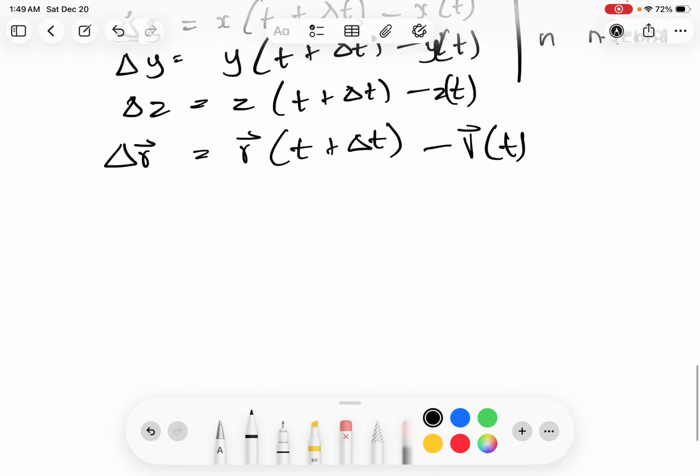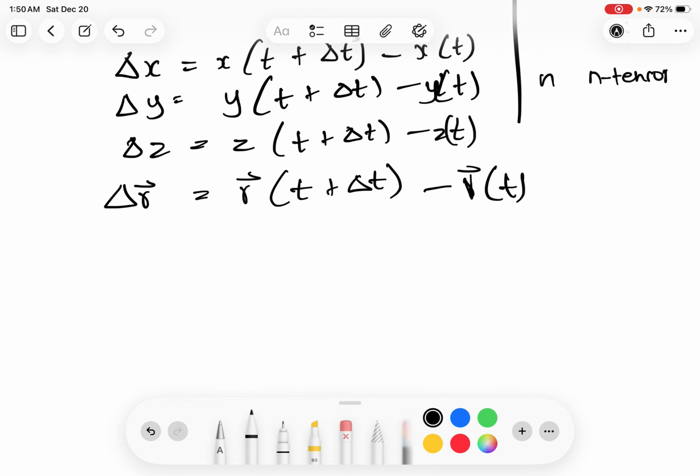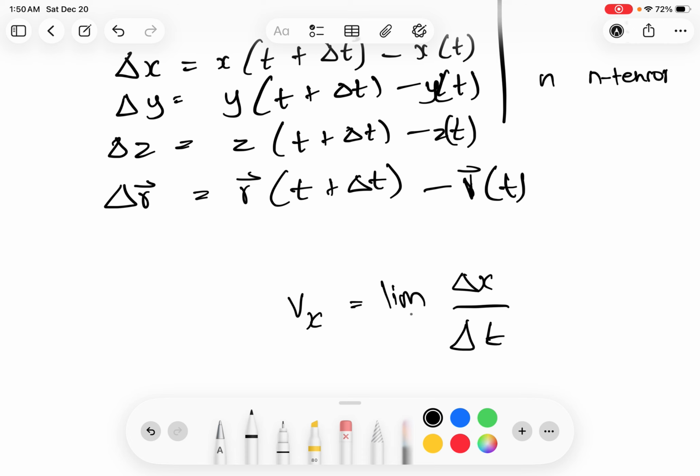Now velocity, let's say in the x direction, is just the rate of change of position x with respect to time t, as delta t tends to 0.